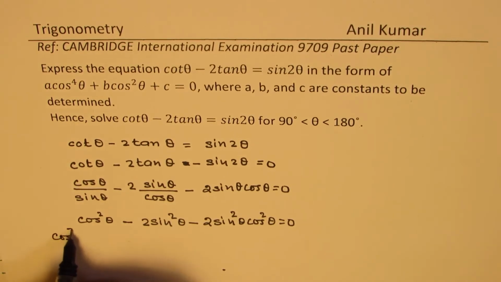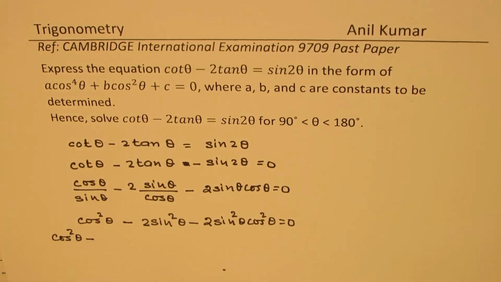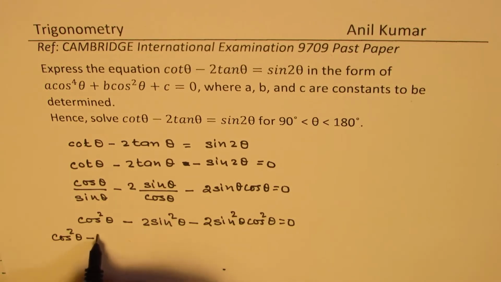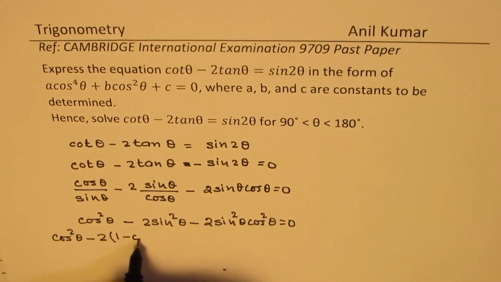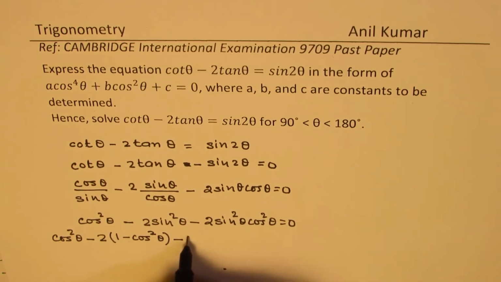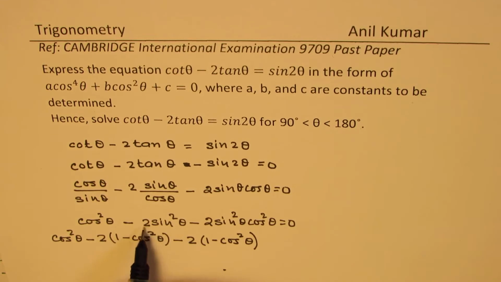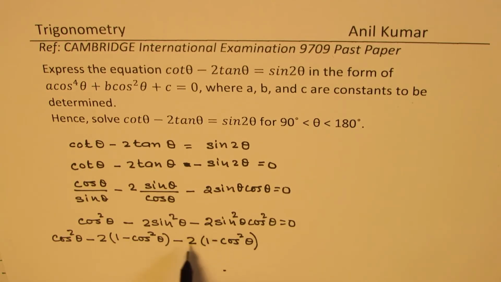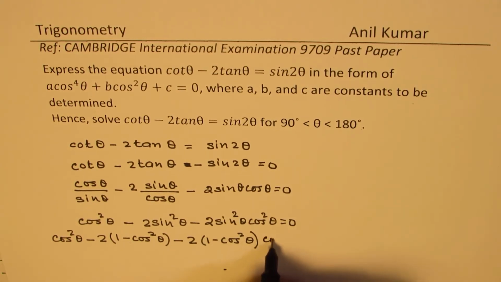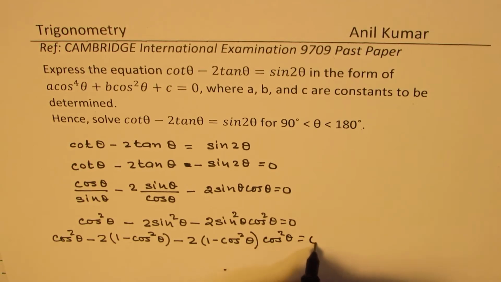So we get cos square theta minus 2 times (1 minus cos square theta) minus 2 times (1 minus cos square theta) times cos square theta equals 0. We could have taken 2 cos square theta common, so we could have got 1 minus cos square theta anyway.